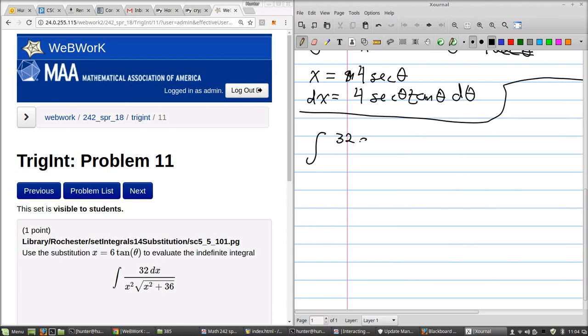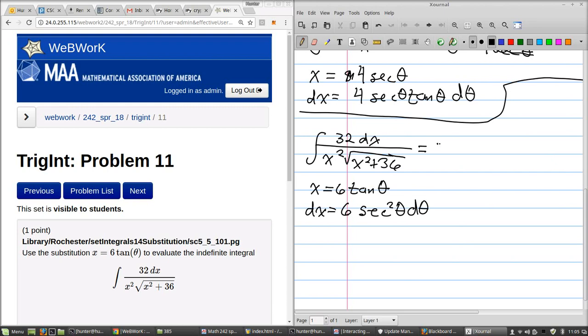So we've got 32 dx over x squared square root of x squared plus 36. So the substitution is x equals 6 tan theta, dx is equal to 6 secant squared theta d theta.